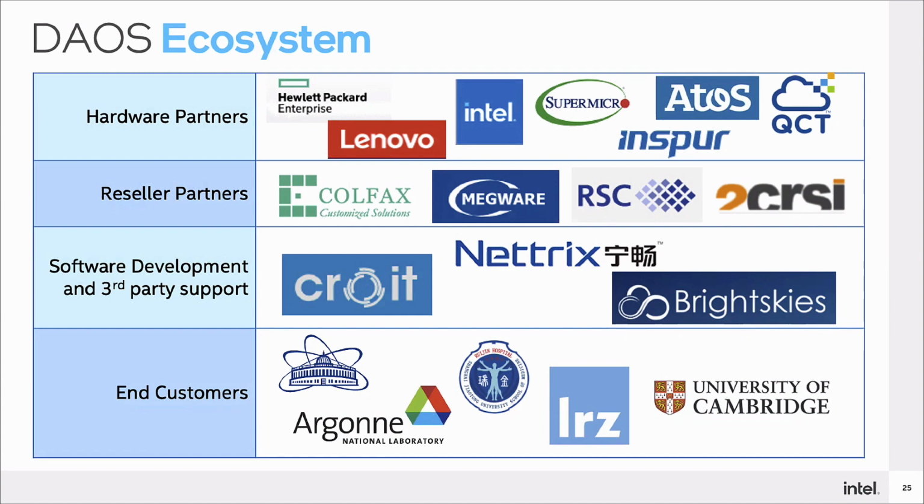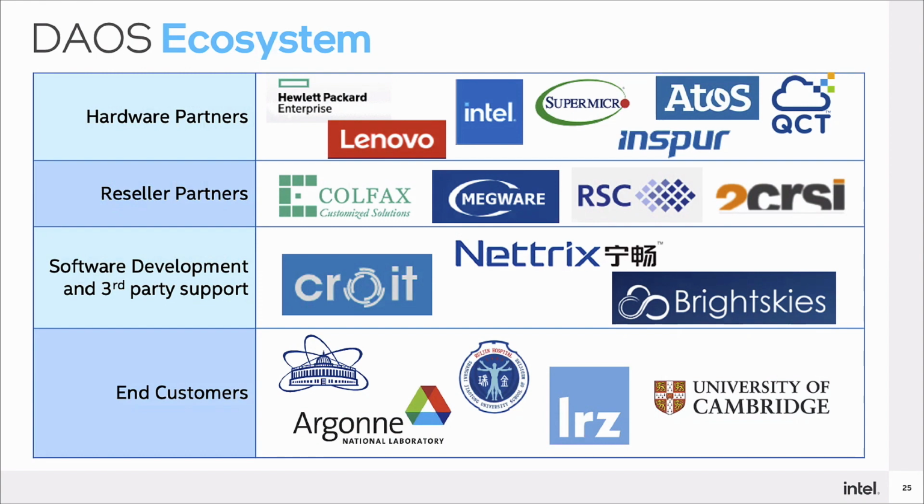In more recent times, we have expanded our partnerships to include Supermicro, Inspur, Atos, Quanta. That list is growing, seeing more reseller partners as well, partnering with Colfax, Megware, RSC, 2CRSI, and also working with additional partners to help create more of the ecosystem around DAOS itself.